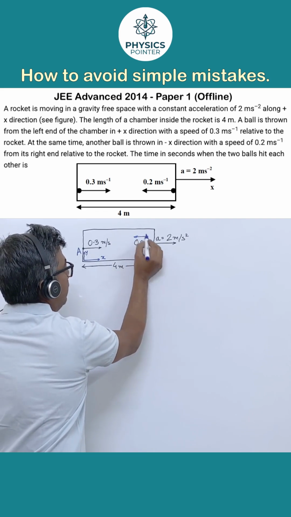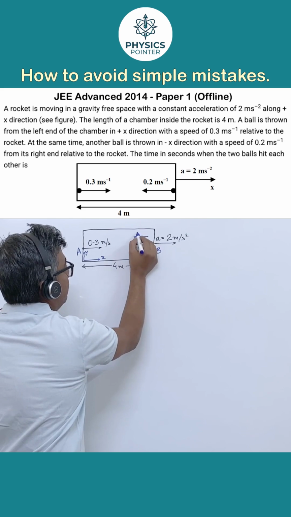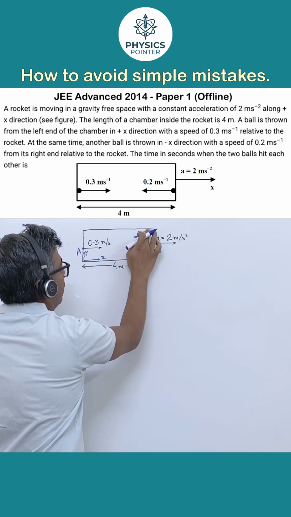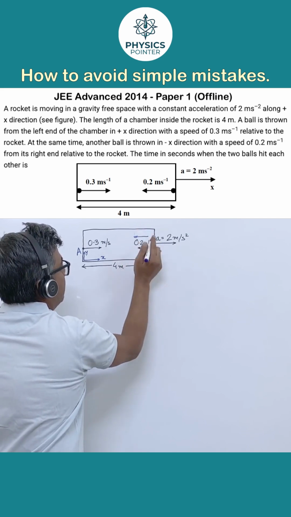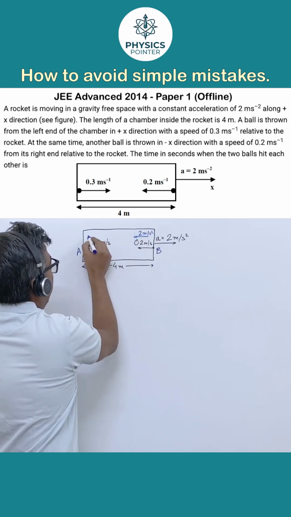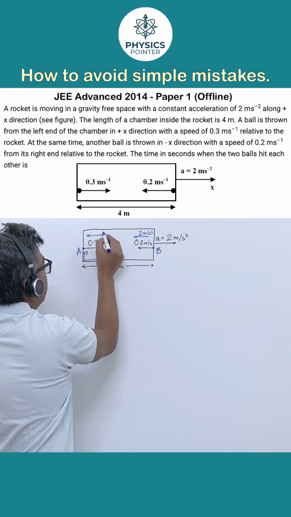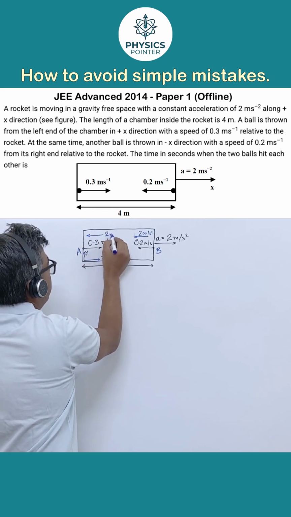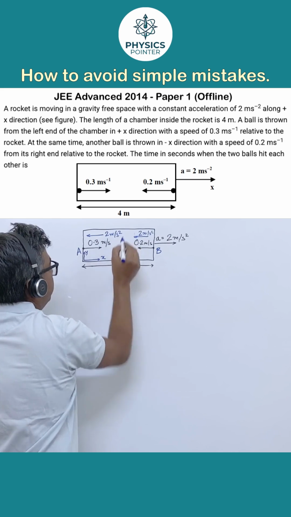So for particle B the acceleration is in this direction of 2 meter per second squared, and for this one also the acceleration is in this direction of 2 meter per second squared.